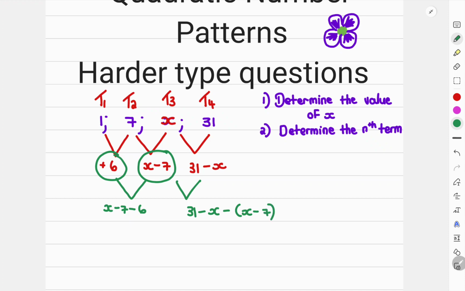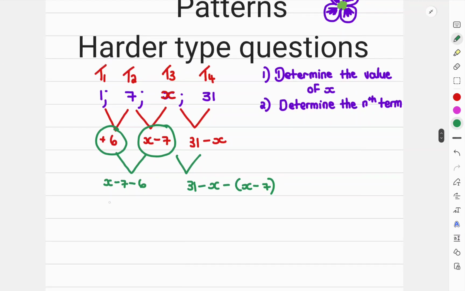And remember, always when we deduct two terms from a certain amount, you always have to put it in brackets so that you remember that the minus distributes or has to be applicable to both terms inside there. Then we've got x, and I'm going to simplify that, minus 13, and over here 31 minus x minus another x plus 7. So 31 plus 7 is 38 minus 2x.